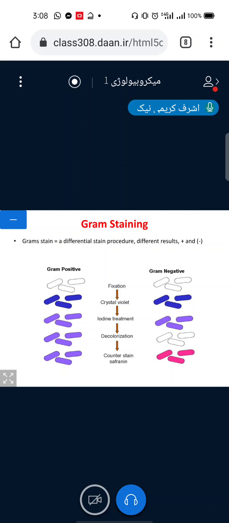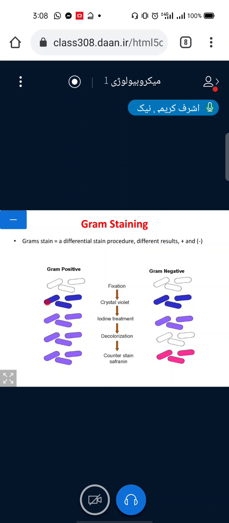For gram staining, at first you prepare a slide and fix it with heat, and start the staining. The first stain is crystal violet.